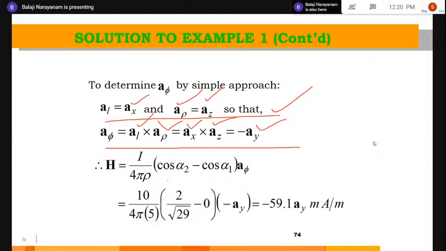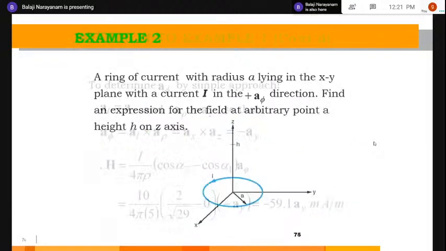You may find this as 1 by 4 pi rho (cos alpha 2 minus cos alpha 1). Cos alpha 2 we computed as 2 by root 29, substitute that, and cos alpha 1 is 0, as alpha 1 being 90, cos 90 is 0. So substituting, you are going to get minus 59.1 along the AY direction, and milliampere per meter are the units.